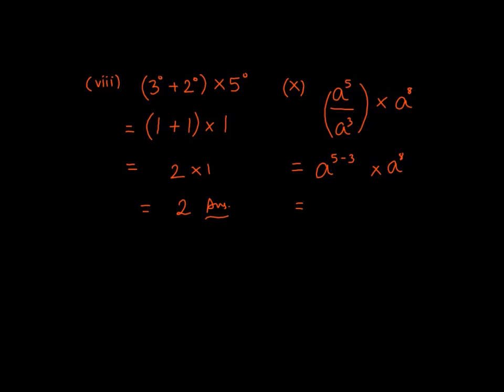So this becomes a power 2 into a power 8. Again we will be using the very first law of exponent, a power m into a power n is equal to a power m plus n. So powers will be added here. Answer will be a raised to the power 10.